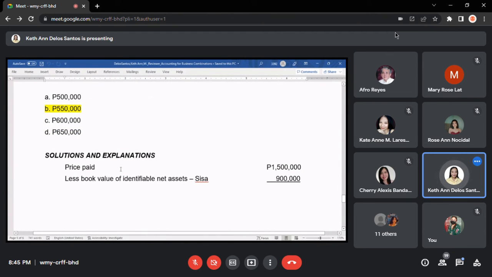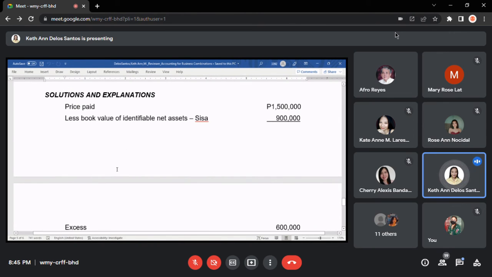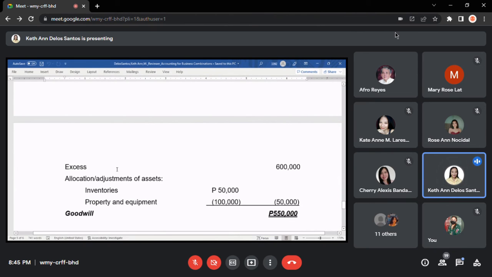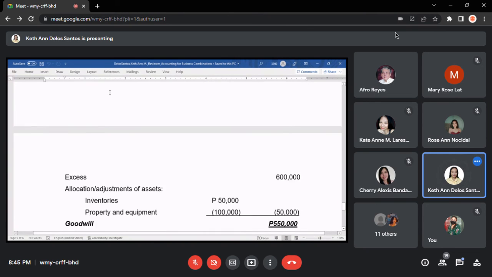Price paid of 1,500,000 pesos less book value of identifiable net assets of CISA is 900,000 pesos. Excess is equals to 600,000 pesos. Kasi pinag-minus natin yun nga, less book value natin sa price paid.